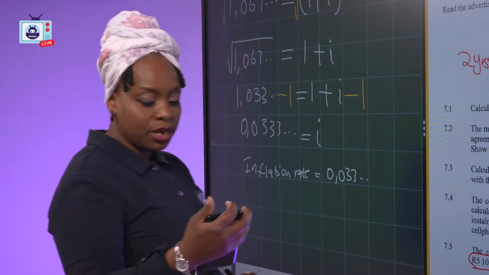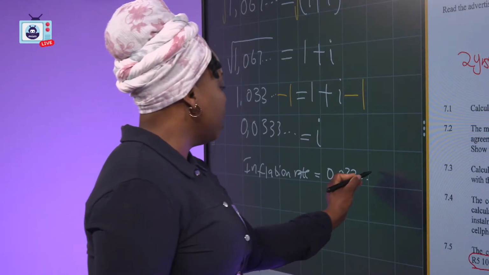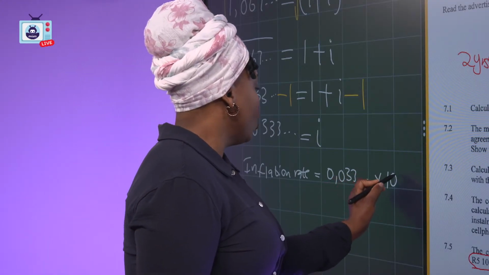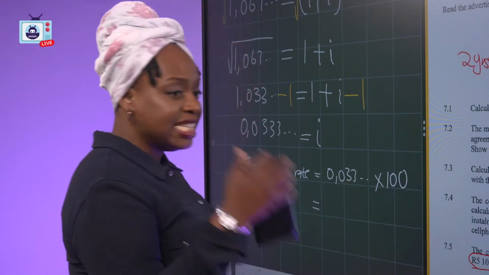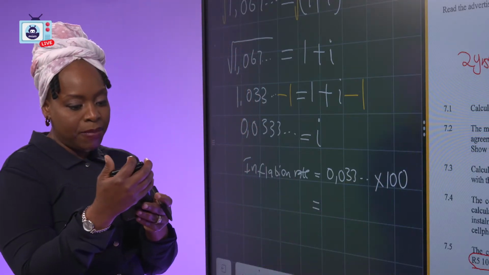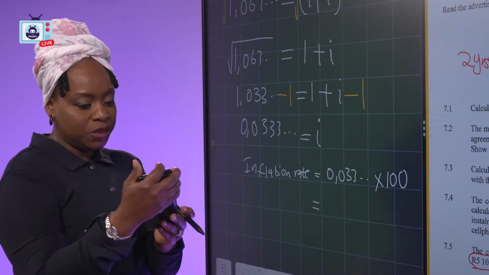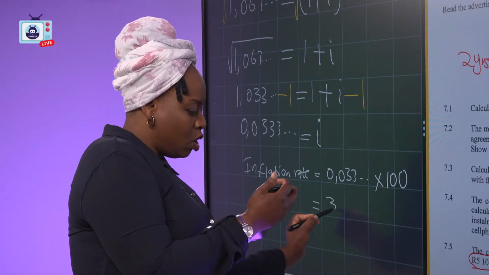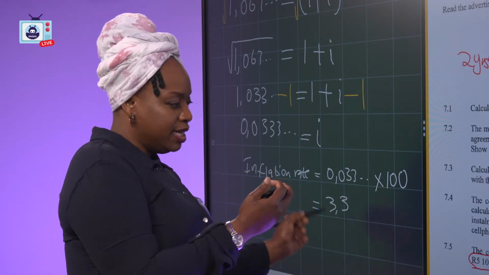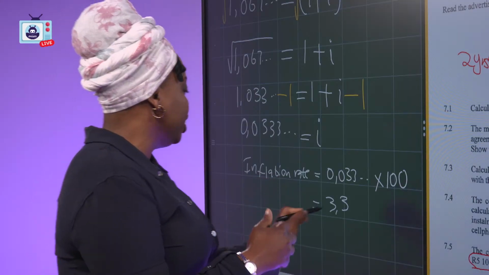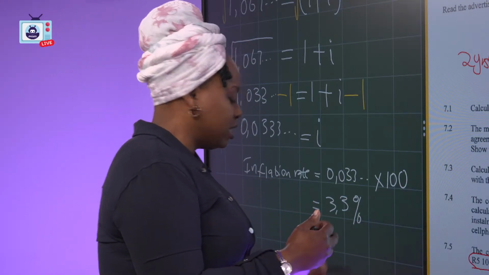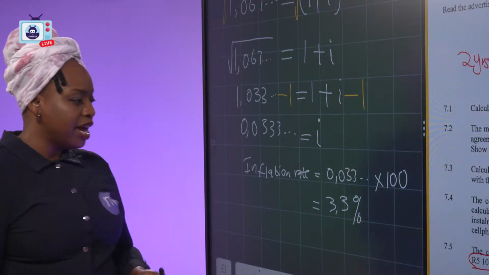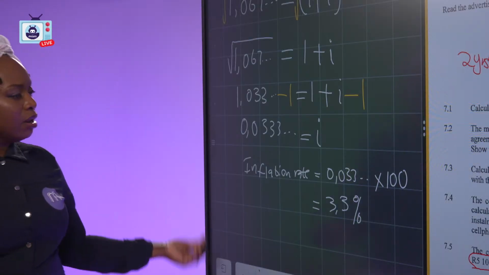I did not remove it on my calculator, but I'm going to multiply that with 100 just as it is on the calculator. So multiply by 100, that gives me 3,30 or 3,3%, because this is a rate, right? So that is how we calculate them.